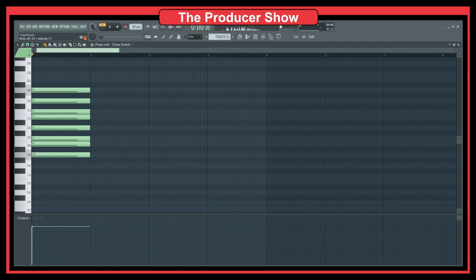Very simple, just moving around, playing the notes. It's very easy to make a chord progression in this scale because it's all the white notes starting with A, as you can see. So this scale is basically a group of notes that sound well together.